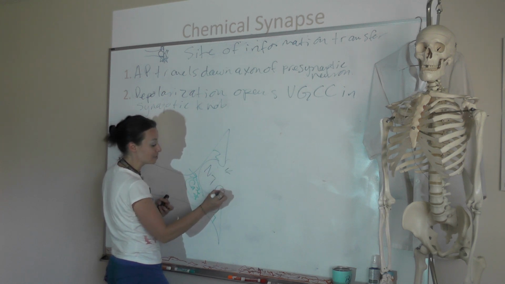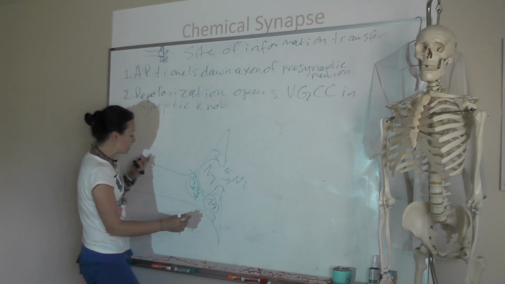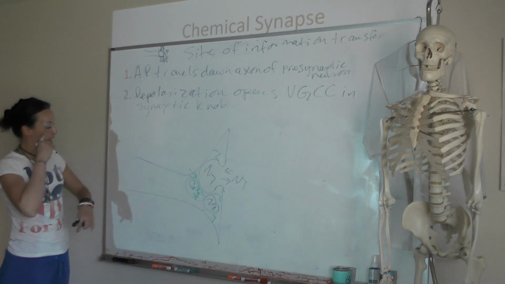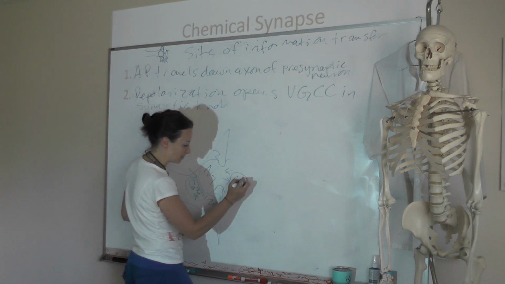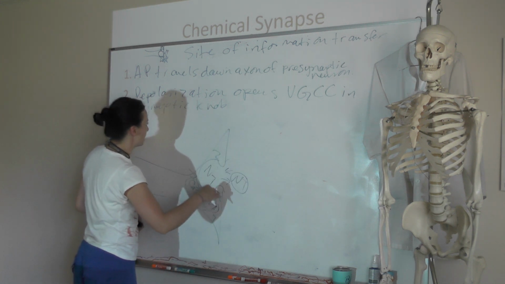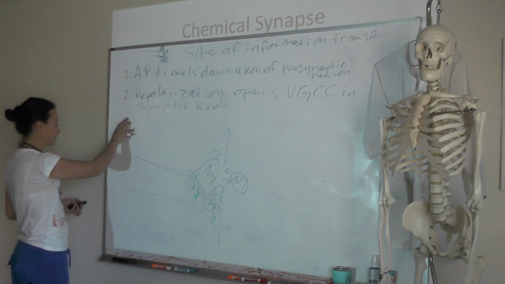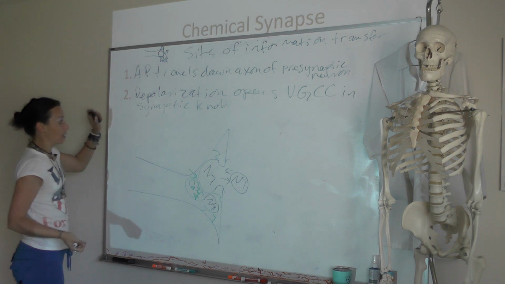It's exocytosis. But we release neurotransmitter now to this synapse, and this electrical message that was an action potential gets converted to a chemical message that's a neurotransmitter. So the neurotransmitter is going to be released into the synaptic cleft, and that will start our next part of what's going on at the chemical synapse.